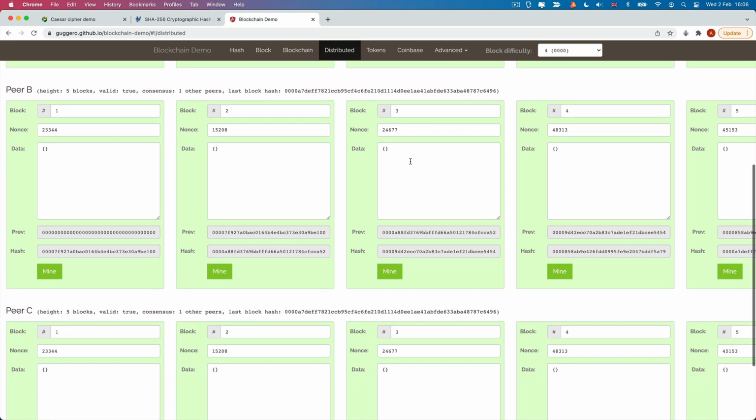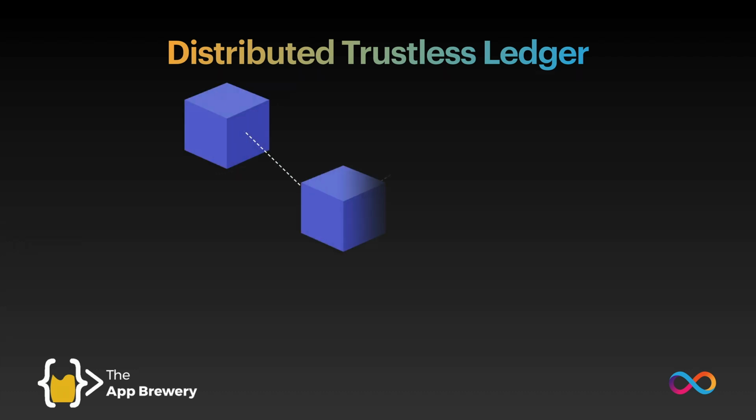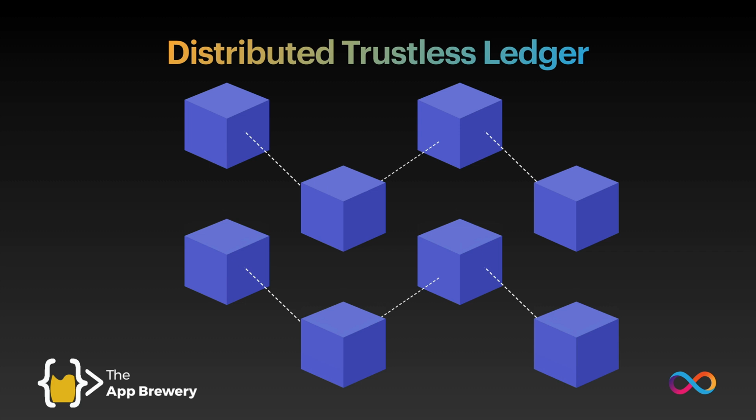And this is where the power of blockchain really comes in, because we now have a distributed, trustless ledger. We don't have to trust anybody. We don't have to believe that PayPal is storing my money and they are making sure that all the transactions are correct. Well, actually, we've got blockchain, which encodes all of these transactions.